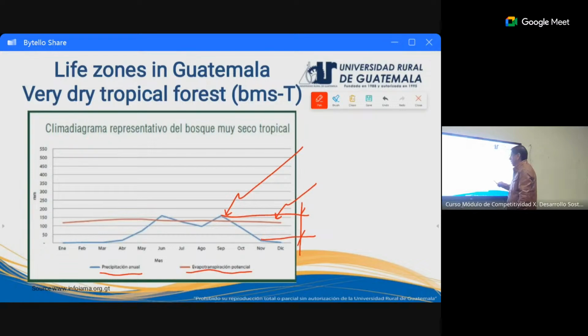The minimum value here is like 0, and the maximum value is like 125 millimeters of rainfall.